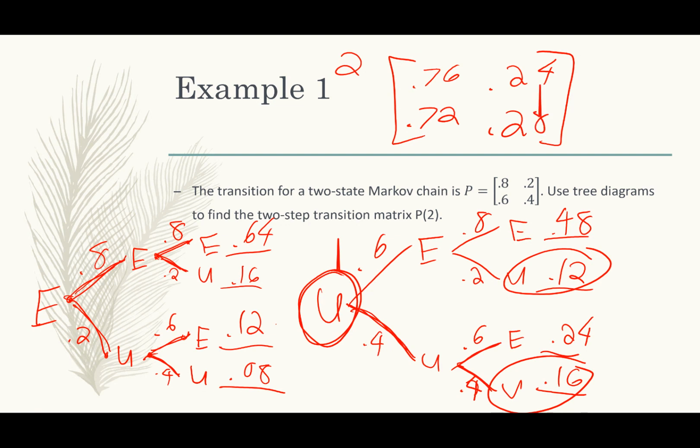So that's 0.28. Now this matrix that I just made represents the likelihood of going from employed to employed after 2 stages, employed to unemployed after 2 stages, unemployed to employed after 2 stages, and unemployed to unemployed after 2 stages.